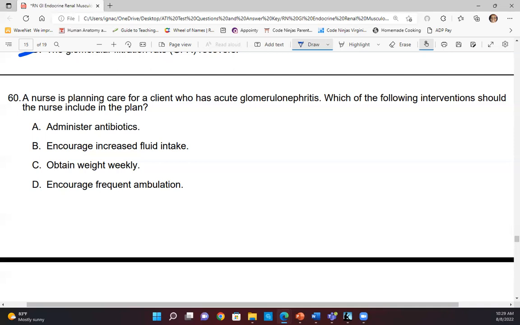Should we administer antibiotics, encourage increased fluid intake, obtain weight weekly, or encourage frequent ambulation?